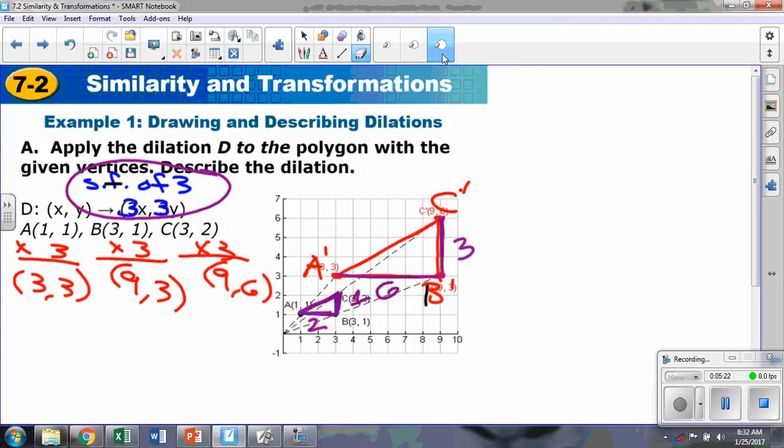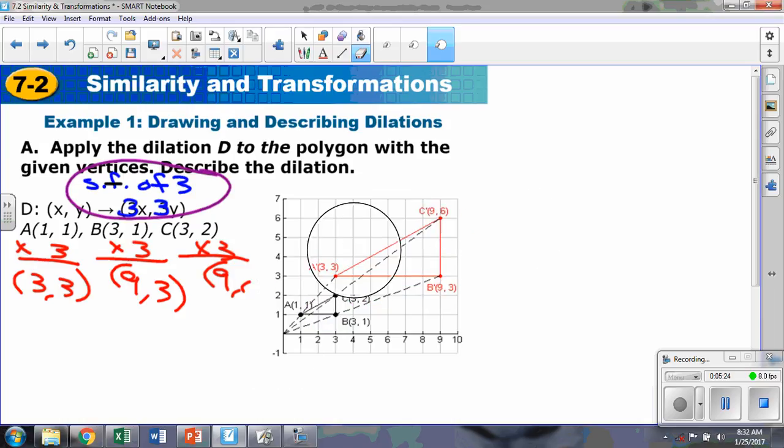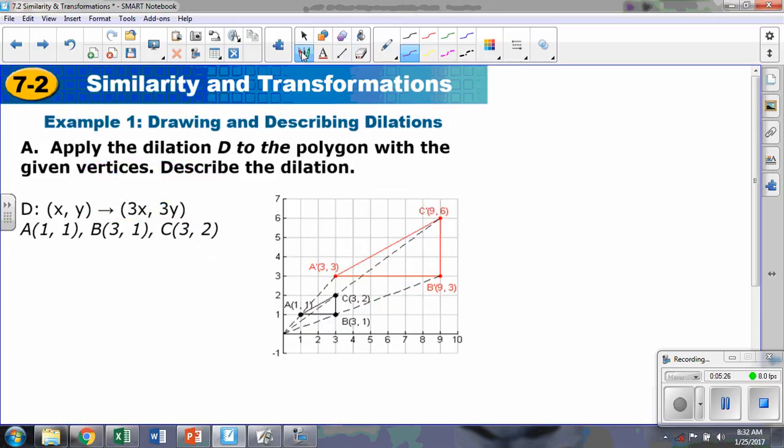One piece that may be helpful, and I'm clearing some of this stuff out just so that we can see it perhaps a little bit easier. Gaps get moved as well. Please notice that this was originally a gap of 1 to the right and up 1.